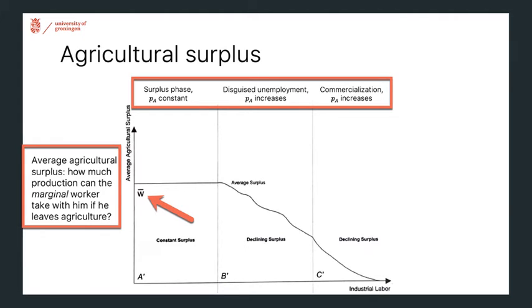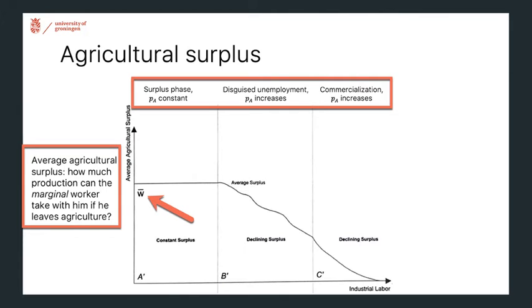Another thought experiment could be that this surplus emerges because every worker, as a worker leaves, is still entitled to the same food. Only now the government takes that food from the agricultural sector and sells it to the worker when they're in the industrial sector.